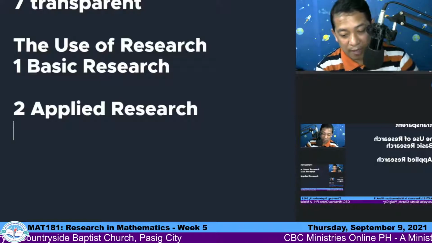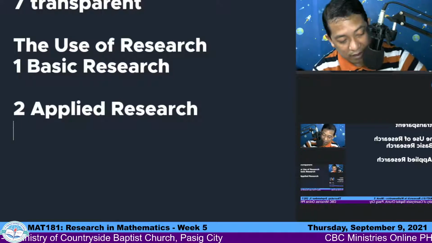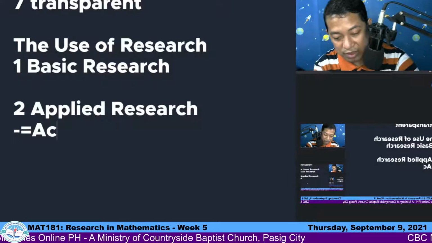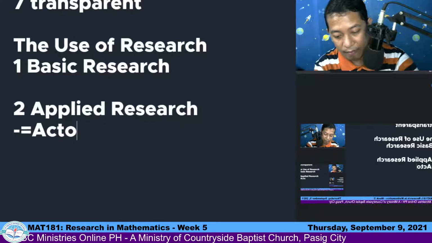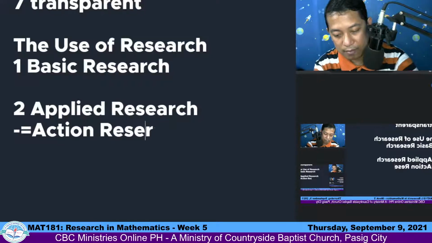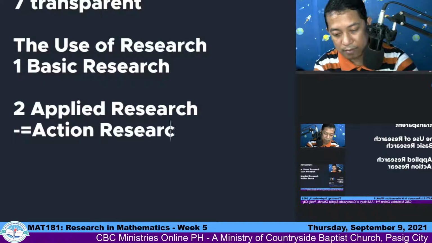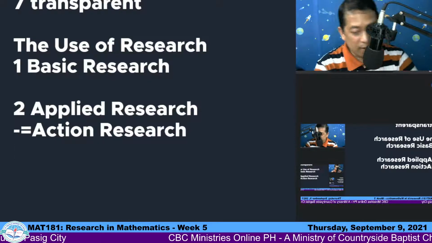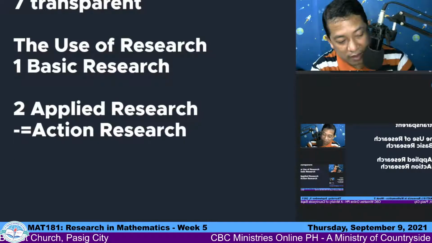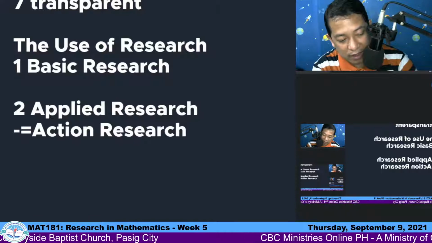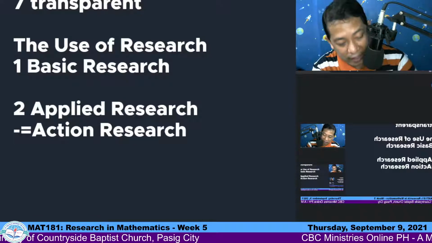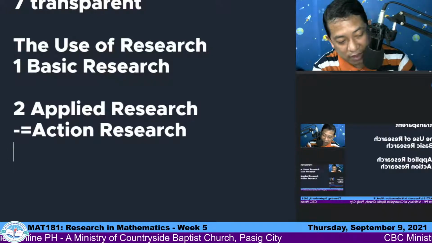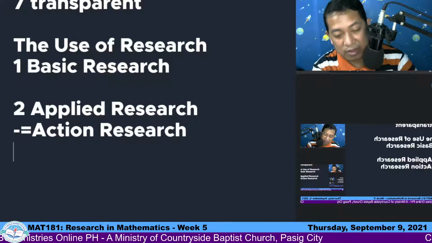So under applied research, we have some of the types here. The first of all is the action research. Okay, action research is a disciplined process of inquiry conducted by those taking an action. Primary reason for engaging in action research is to assist the action.